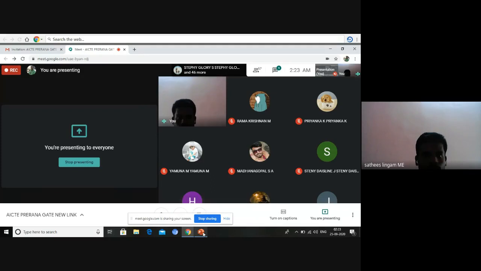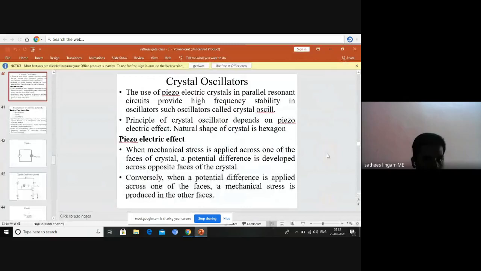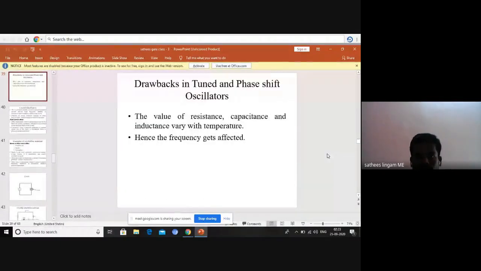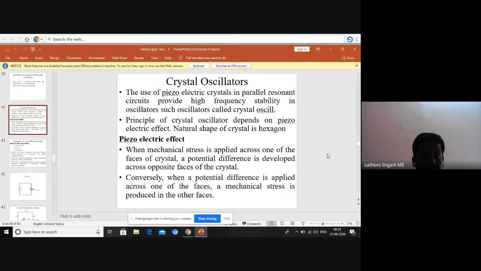Okay, so anyway, where I left off: crystal oscillator. Why are we preferring a crystal oscillator? The reason is that the values of resistance, capacitance and inductance vary with temperature, because of using multiple resistors, capacitors and inductors. So we are going for an opted device, which is the crystal.